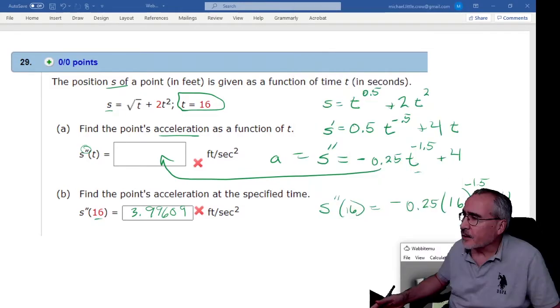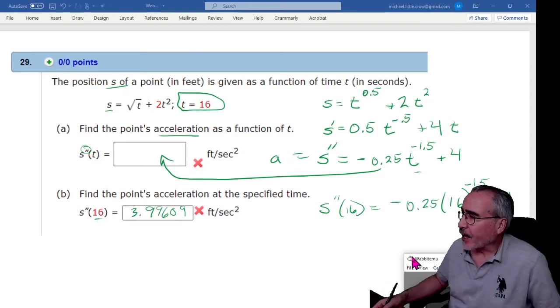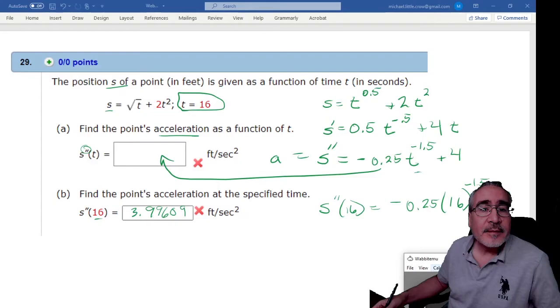Let's see, what are we? So they rewrote this. Instead of 0.25, they put a 4 down here, t to the 3 halves, and they left it all as a fraction.